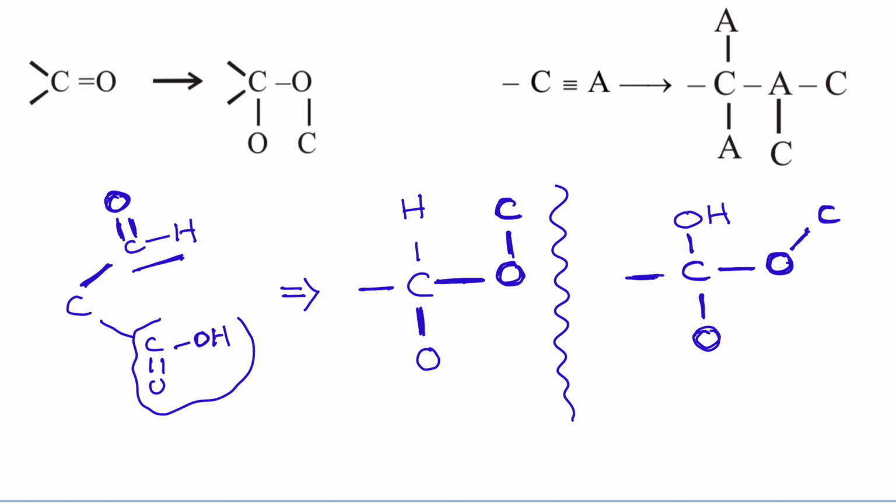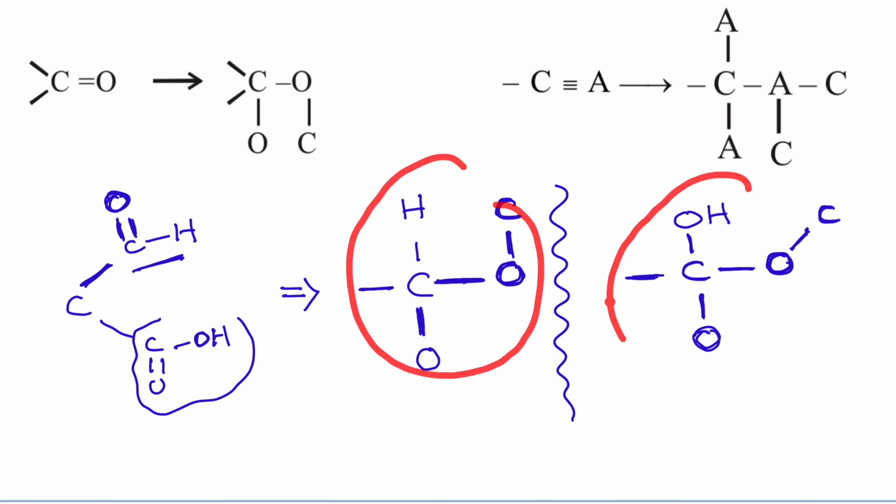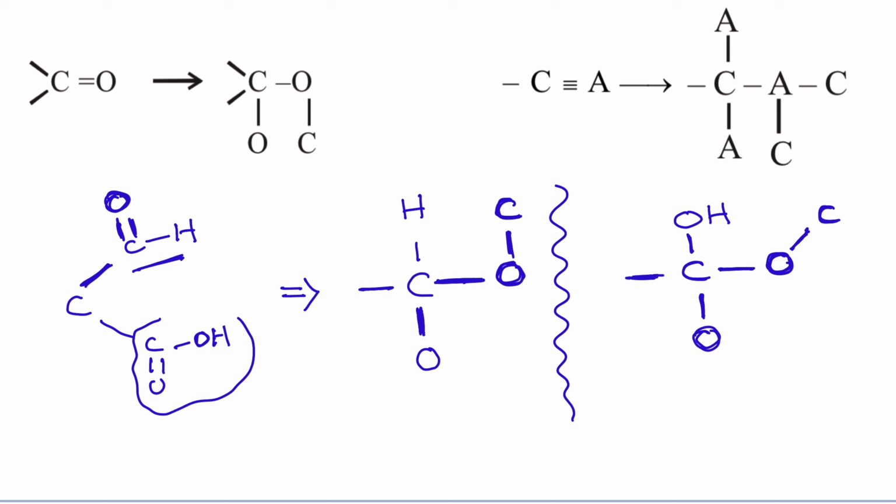Now you have to compare. This is the aldehyde group, this is the carboxylic acid group. You see here we have carbon, here we have carbon. If the first atom is the same, then you have to consider the second atoms. Here the second atoms are oxygen, oxygen, hydrogen, that is 881.